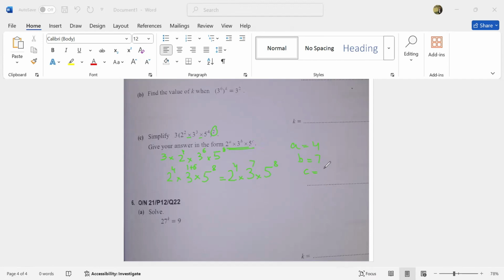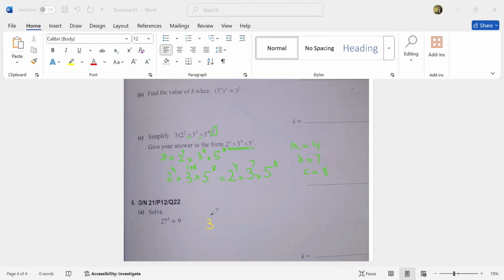Coming to the last question, 27k equal to 9. We need to change both of them in the powers of 3, because 27, we know 9 3s is 27, but the powers on the both sides of the equal to are not going to be same. So for that particular thing, we need to change both the powers.